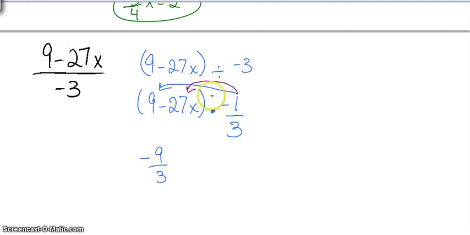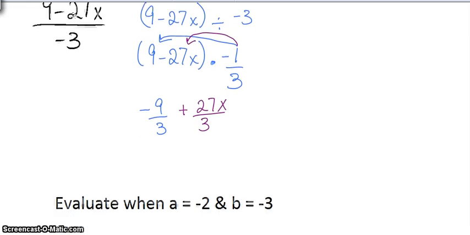Negative 1/3 times negative 27x is going to give me a positive 27x over 3. Negative 9 divided by 3 gives me a negative 3. 27 divided by 3 gives me 9. Then I still have my x. Now if I want to make sure I write it in my form just right, I'm going to have 9x minus 3.